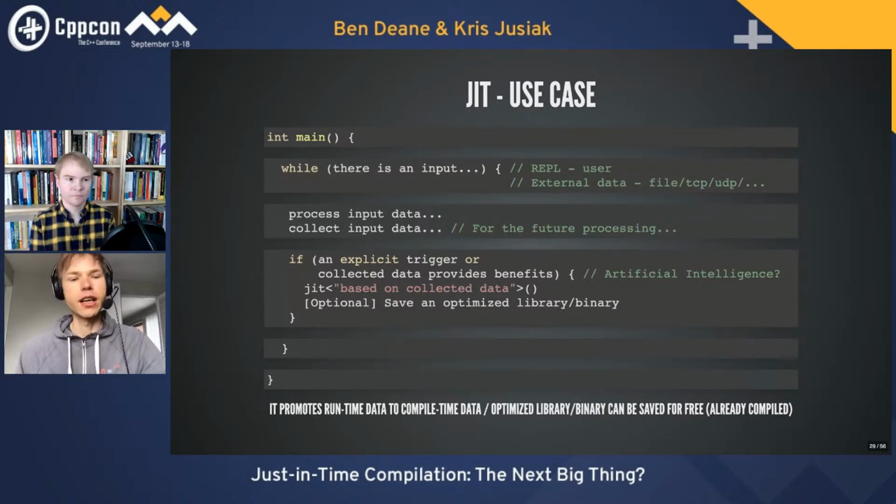Optionally, which is a super exciting feature in my opinion, since we JITted something, we have the IR, intermediate representation, the binary, basically assembly, everything already there. It's in the Clang compiler, which is part of our application. So we can actually just save it for free. There's nothing we have to do, unless we don't want to save it.